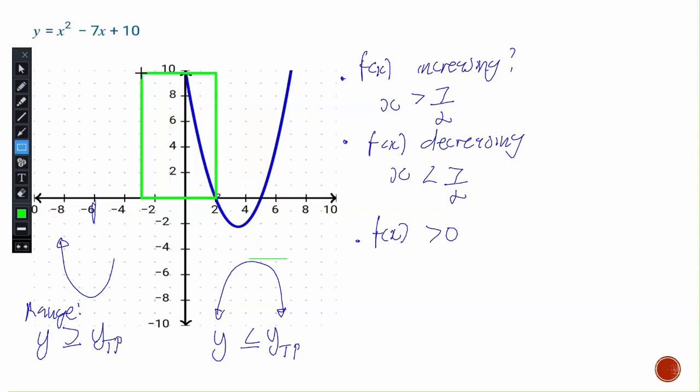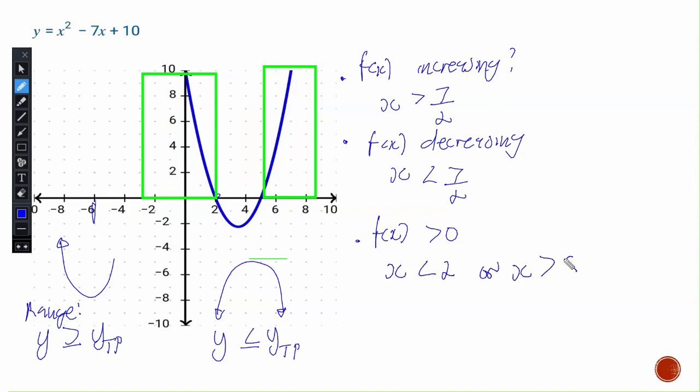From here, it's above, and then also here, it's above. And how do you write this? You say when x is less than 2, or when x is greater than 5, because it happens before positive 2, and then it also happens after positive 5. But where is f of x less than 0?